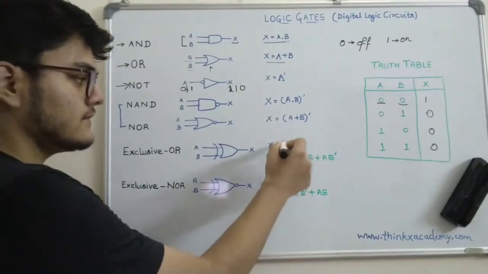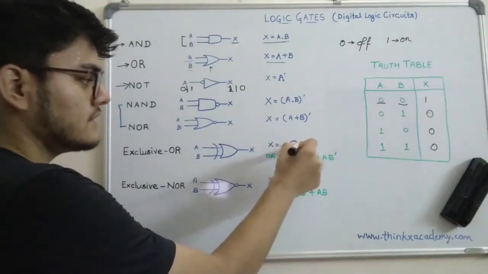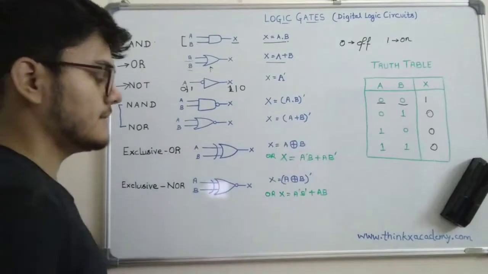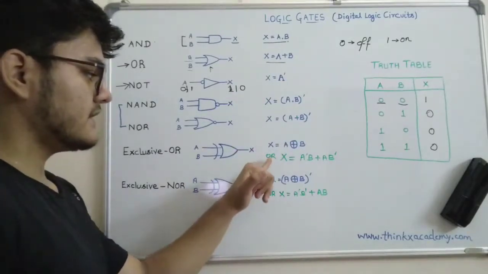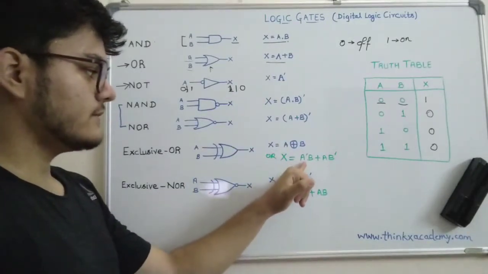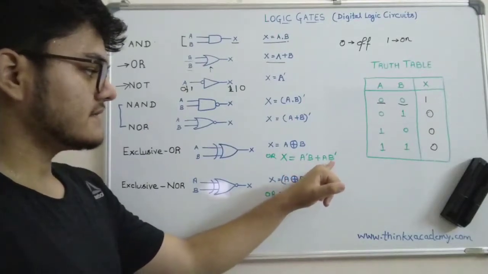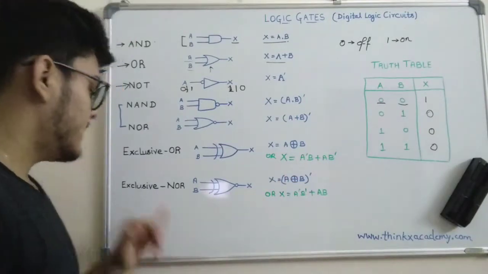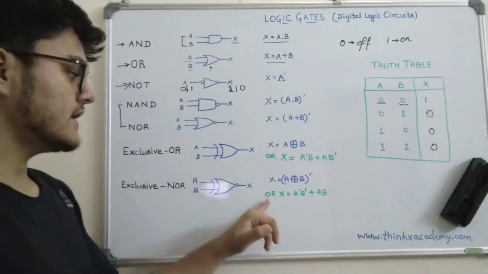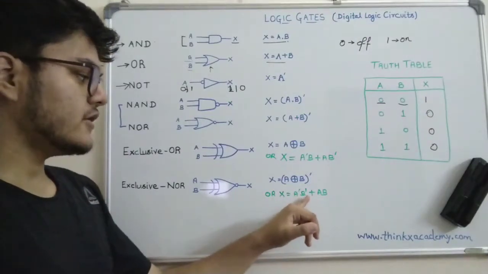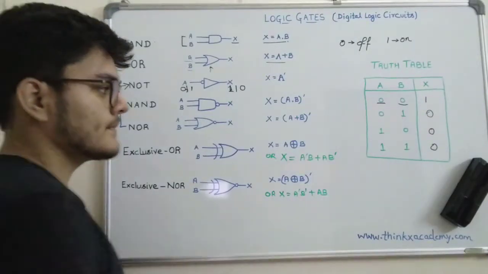We are going to use A, an addition sign in a circle, and B. This algebra basically represents X equals A complement B plus A B complement. In the case of exclusive NOR, it will be A complement B complement plus AB.